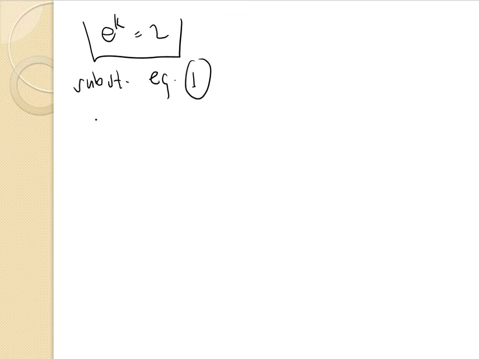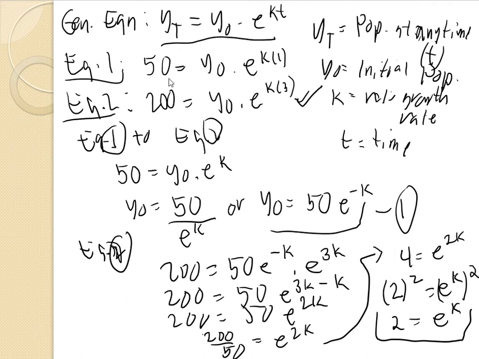Okay, lagay lang natin dito yung e^k equals 2 na nakuha natin sa previous slide. So we substitute it to equation 1 again. Back to equation 1, susulat lang natin siya.